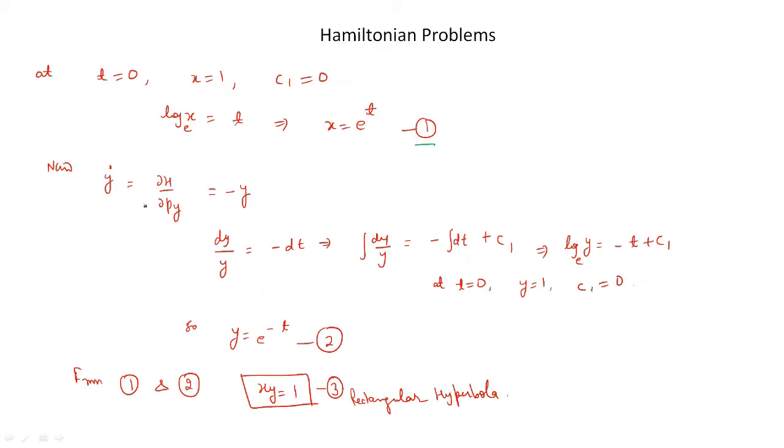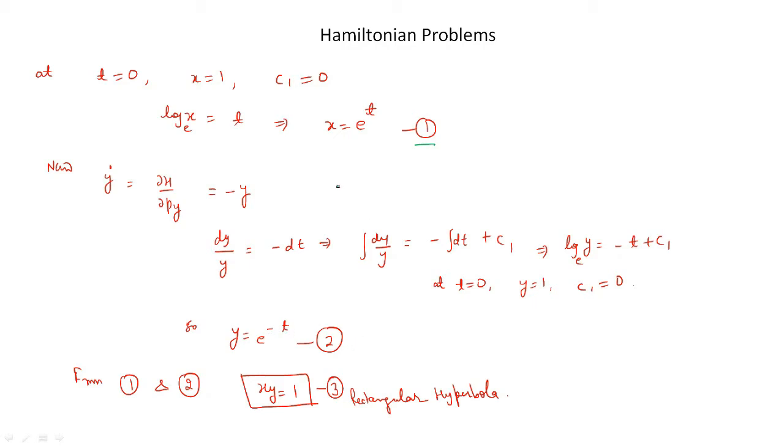So y dot will be ∂H/∂py, and this is equal to minus y. Now again, separating the variables, you can write dy/y is equal to minus dt, because y dot is dy/dt. Now integrating it, again your constant here will be 0, so y is equal to e to the power minus t. Let us say it is equation number 2.